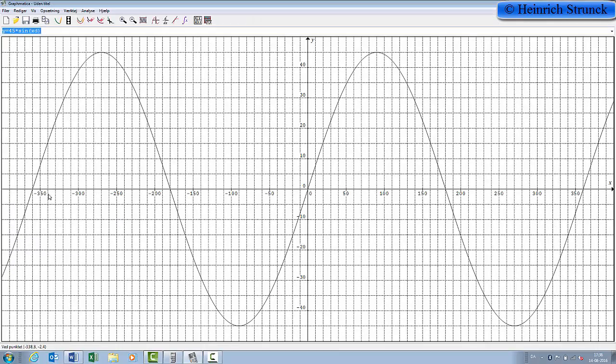And now we see we have a smooth sine curve, and it is going positive when the angle is 0, and we have one complete revolution, or one turn of a generator, for example, in 360 degrees. We can also see on this side of 0 that we have negative numbers.